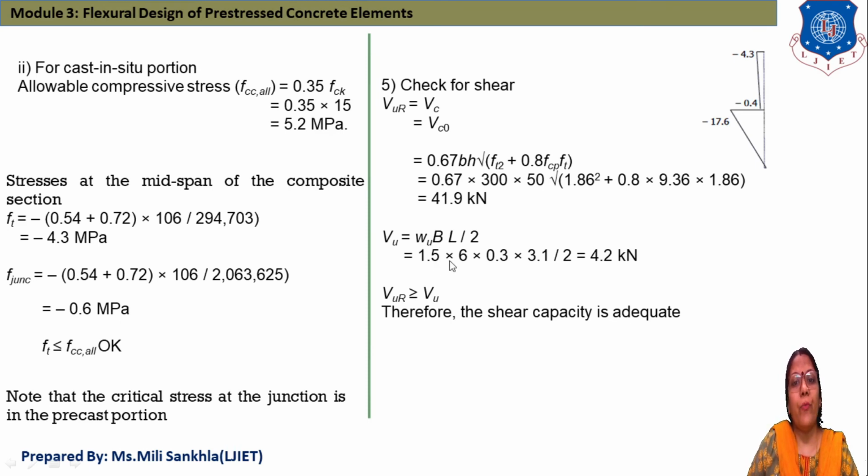Vu 1.5, width 0.3, b is equal to 6 and effective length is equal to 3.1, divided by 2. Our shear force is equal to 4.2 kilonewton. Check Vur greater than or equal to Vu, that means the shear capacity is checked. The value of Vur, 41.9, is greater than this 4.2, that means shear capacity is adequate.